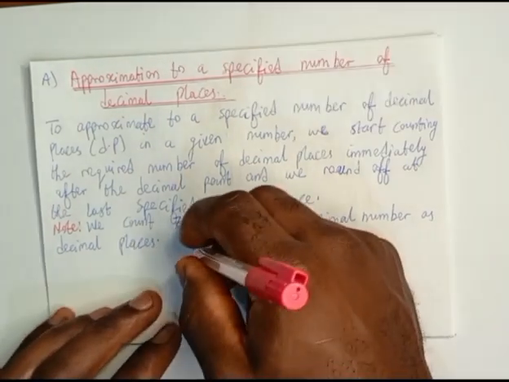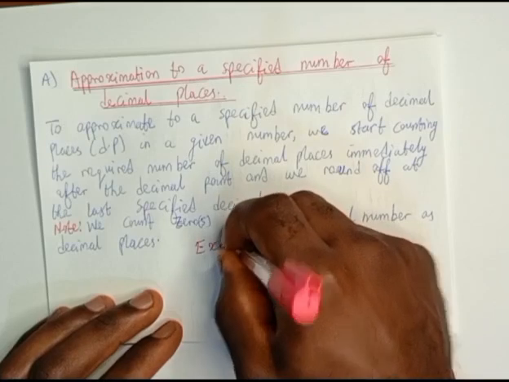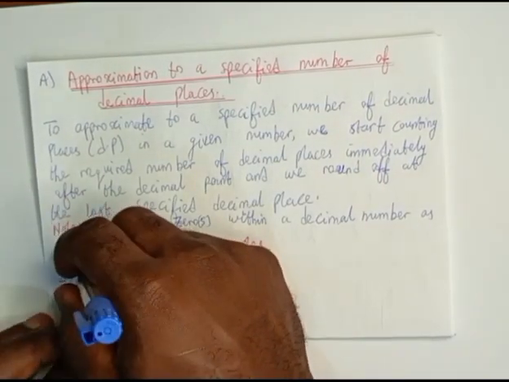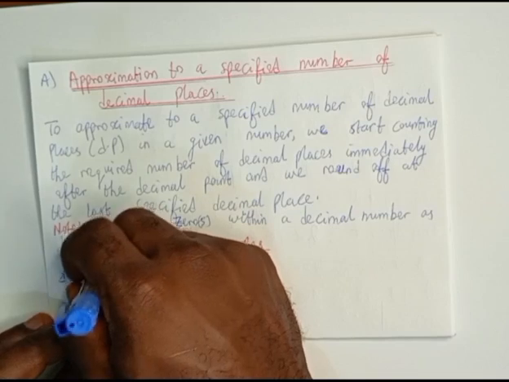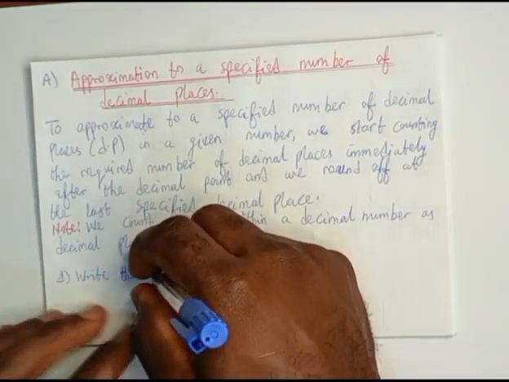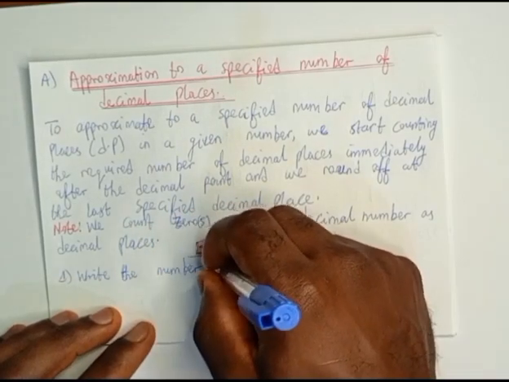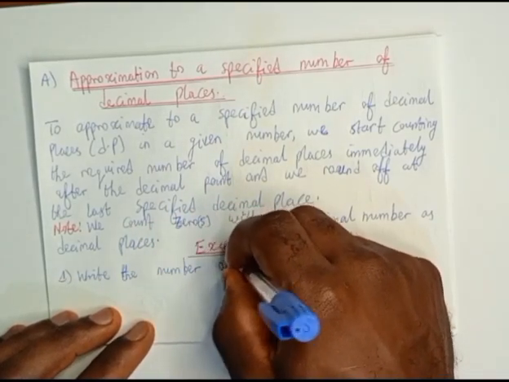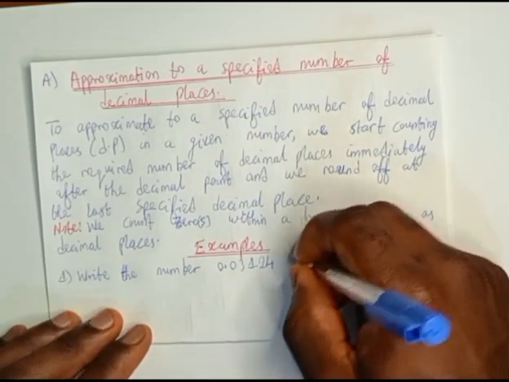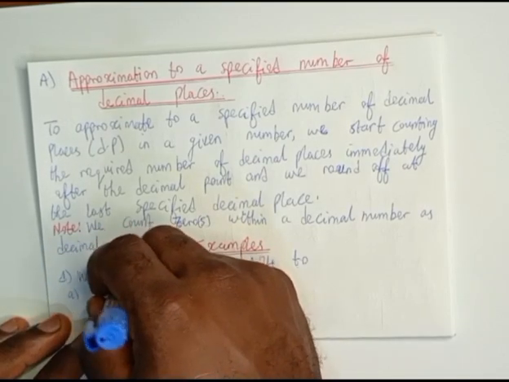Let's take this example. For question 1, it goes: write the number 0.03124 to a) 2dp.